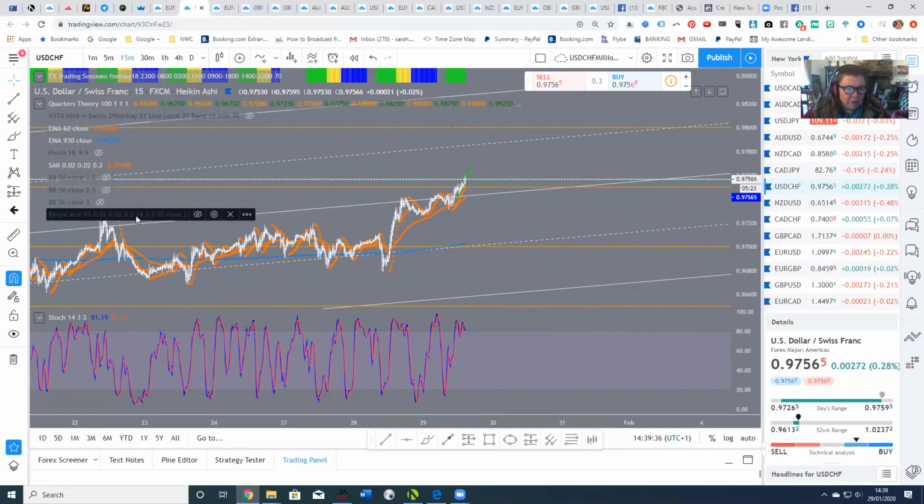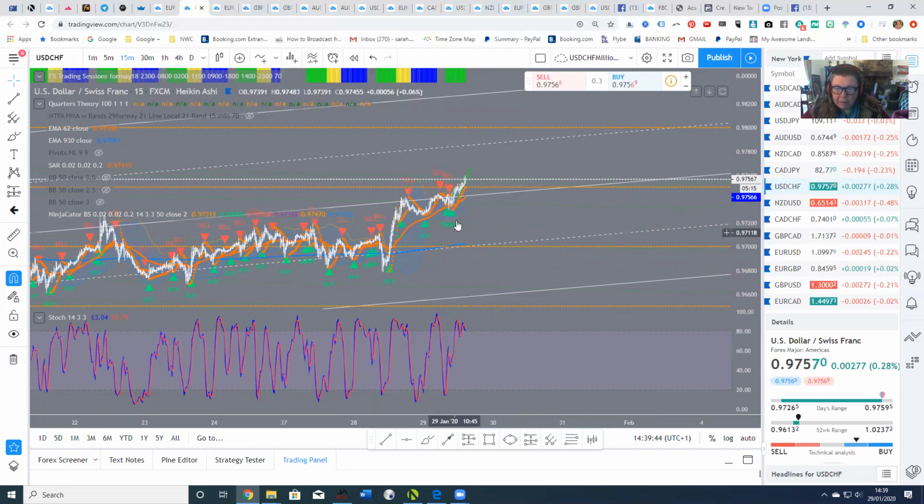Now let's put our indicator on, and this indeed said buy at about 9 o'clock, open of London, and it's still working its way up.